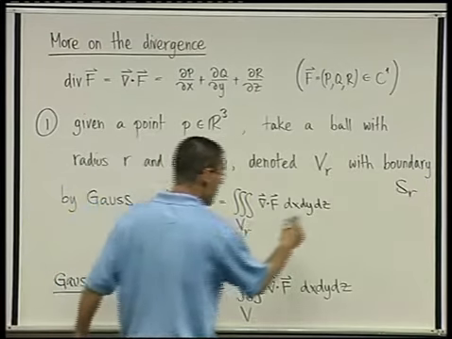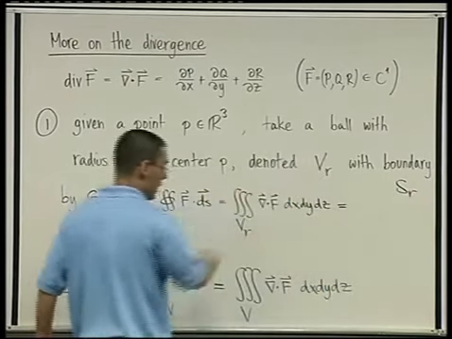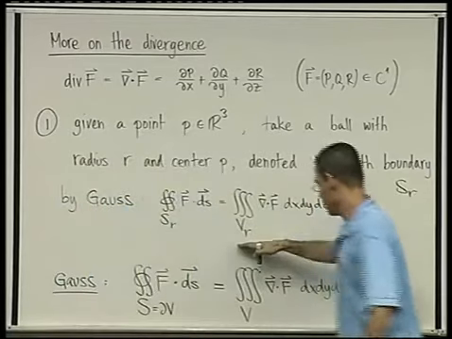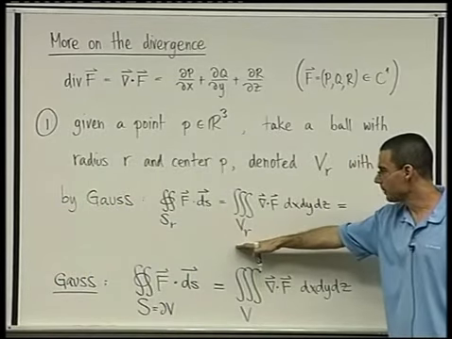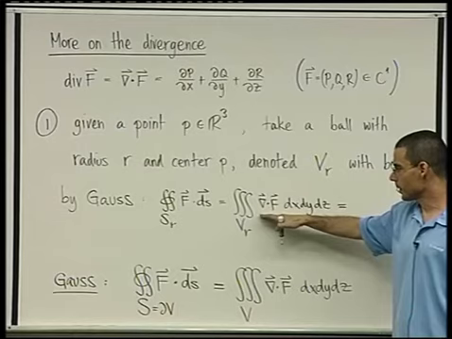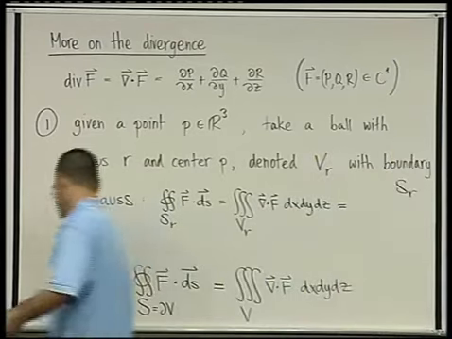Now, this I can rewrite. So this is a triple integral over a domain of some scalar function. I can erase Gauss now.